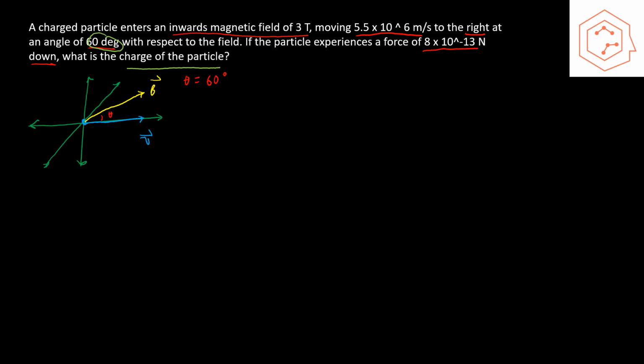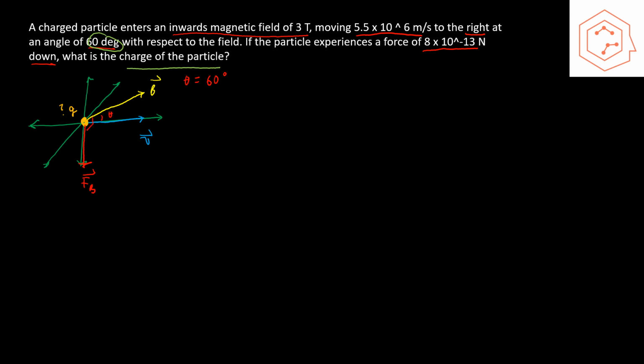And we're told that the particle, which we don't know if it's positive or negative, so Q, and we don't know its charge, is experiencing a force that is downwards. Note that this is still perpendicular to both the velocity and the magnetic field.